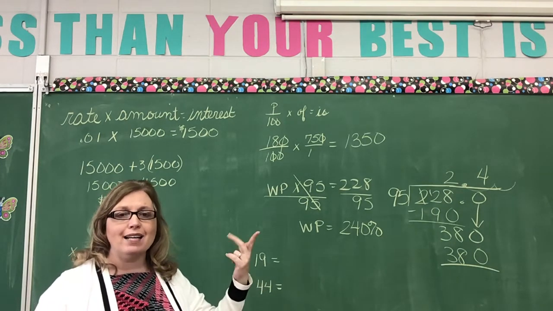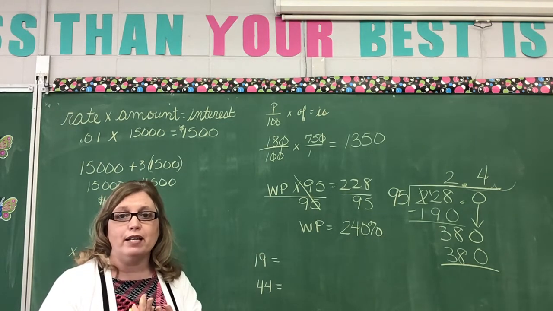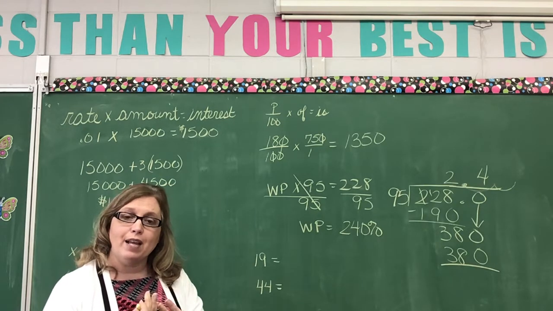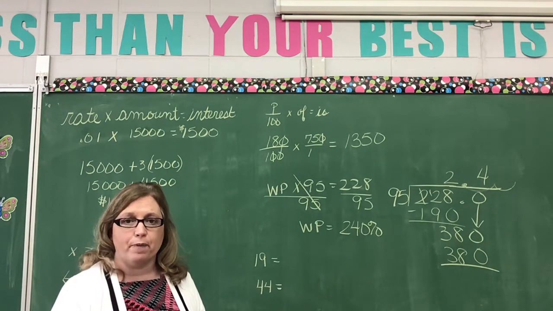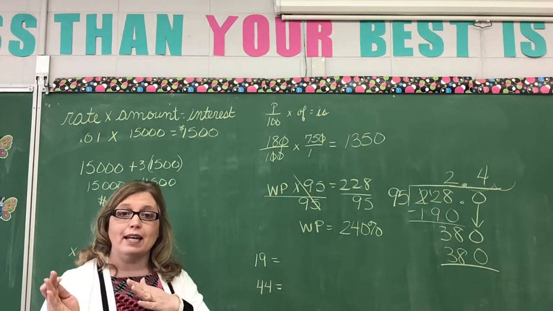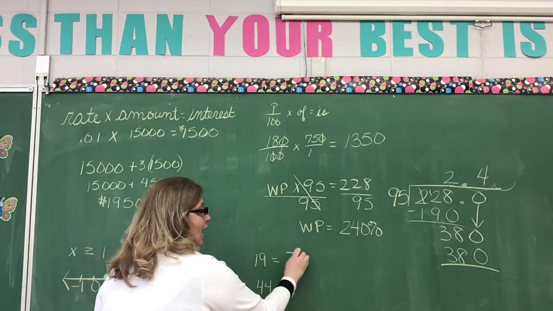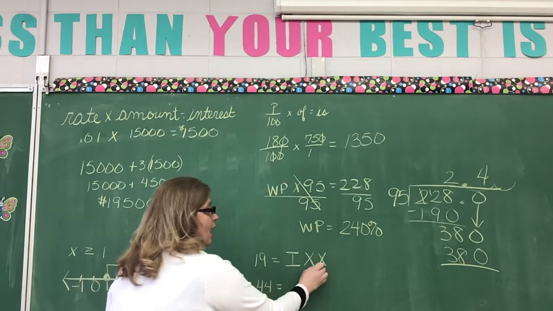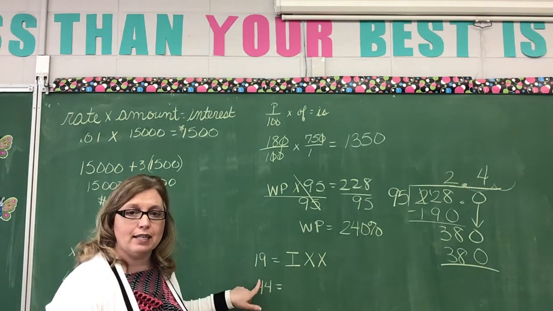Now if I put an X and a 5, that gives me 15, but I'd have to put 4 ones after it to get the 19, and I cannot put more than 3 of any one number together. So what am I going to do instead? I'm going to go to 20 and subtract 1. So how do I do that? I say I, X, X. 1 less than 20 is 19.